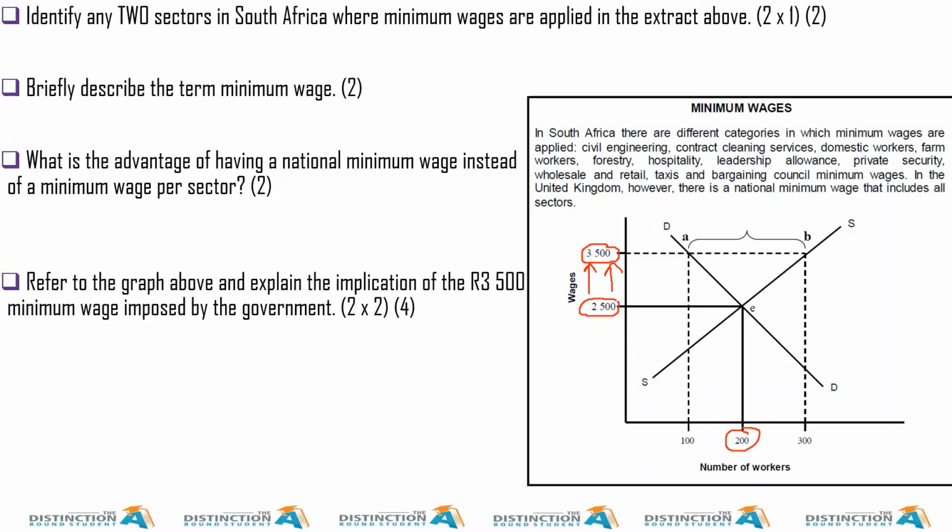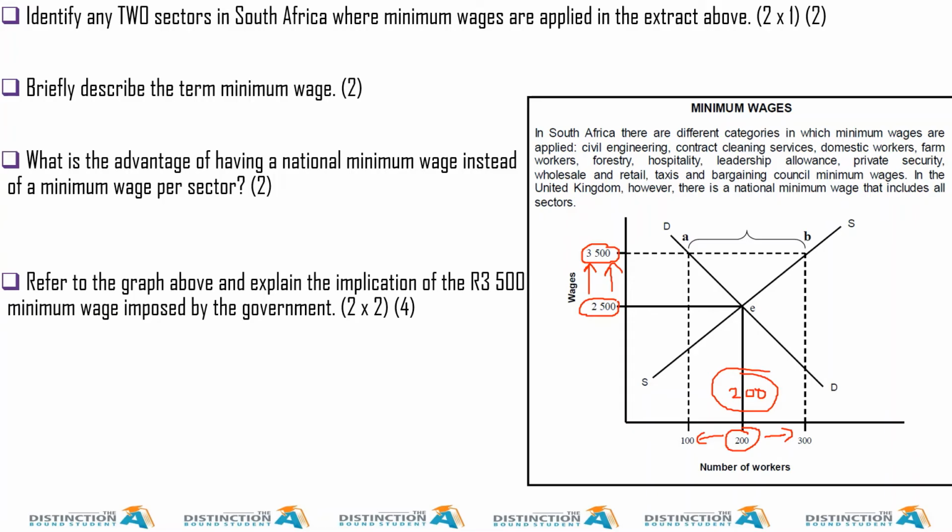So for that reason, we are going to have a discrepancy here. We are going to have demand for labor dropping from 200 to 100 and supply of labor increasing from 200 to 300. So we are going to have a difference of 200.